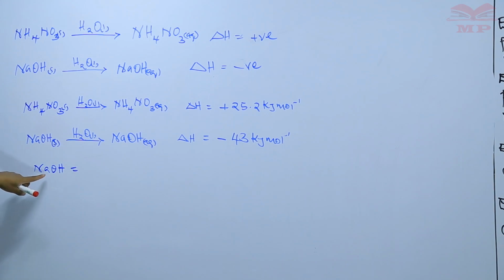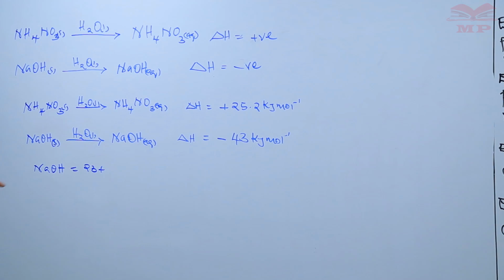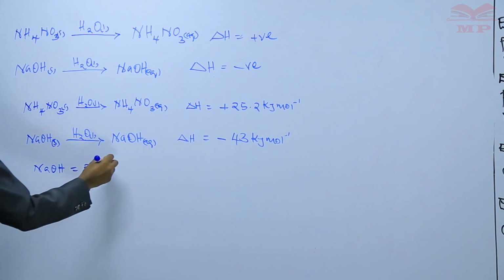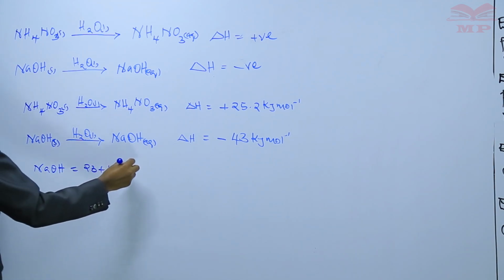Then for 1 mole of sodium hydroxide, the 1 mole will be the mass of sodium, the mass of oxygen, and the mass of hydrogen combined. So the mass of sodium is 23. Then for the oxygen, the mass is 16. And for the hydrogen, the mass is 1.